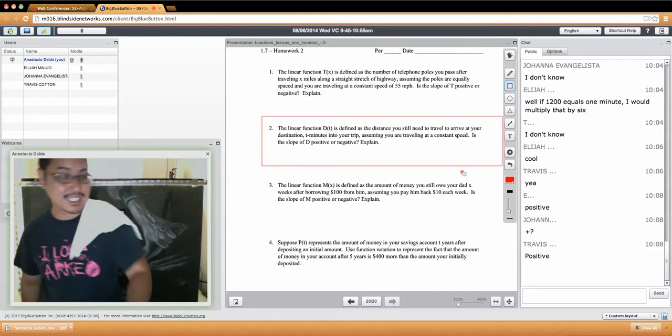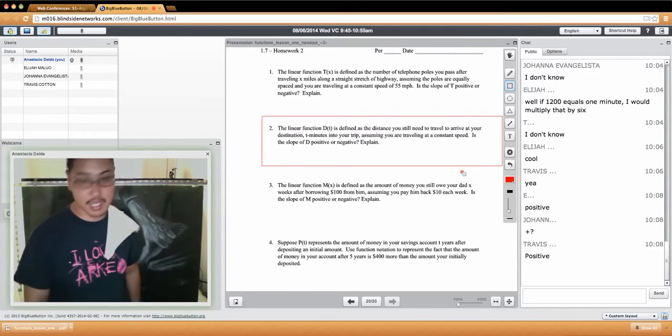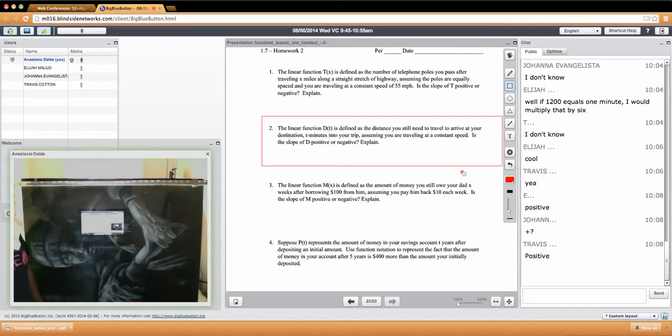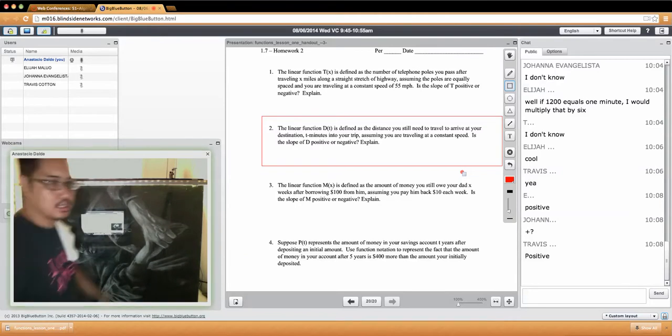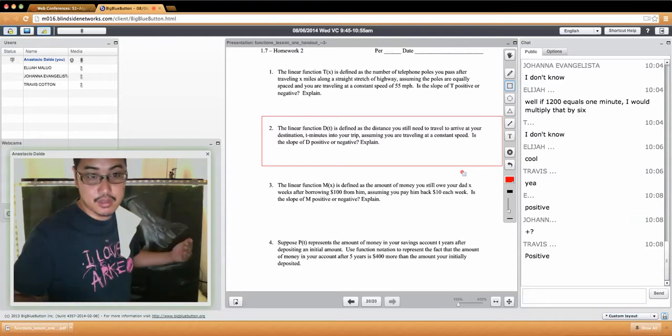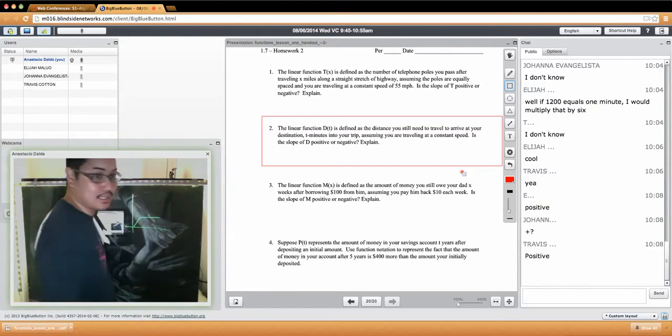If they didn't say constant speed, then I would say that your slope could actually be positive or negative. Because we could be like, Elijah, we're going, ready? And now let's pretend that we're tracking my distance from this side of the screen. So I can be like, all right, I'm going, and then I could stop. And then there's no slope. And then my line would look like this. It would go up, up, up, up, and then stop, and then just have this constant time.